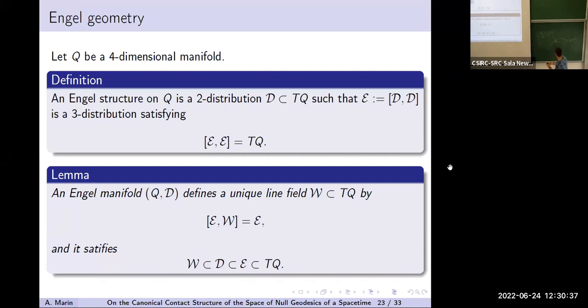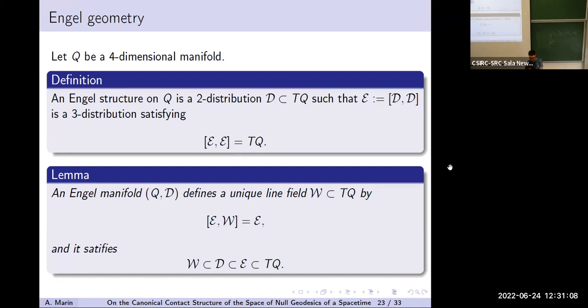So only from the information of the 2 distribution D, I obtain a full flag. 1, 2, 3, and then this thing here is going to be really important. I'm going to call it the kernel. I'm going to call this the kernel of my distribution. So this flag comes only from information of this type.